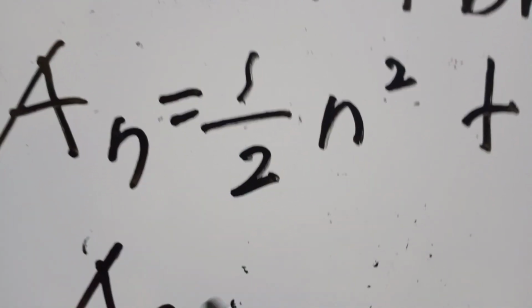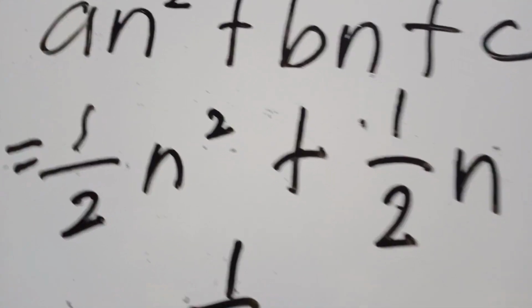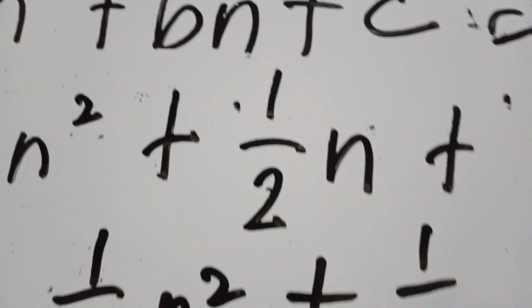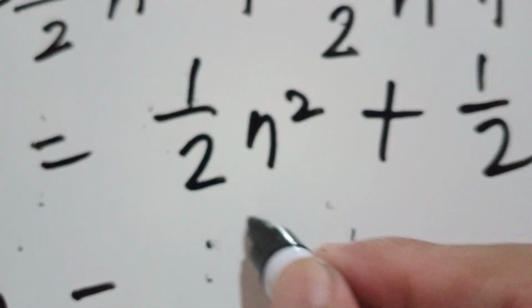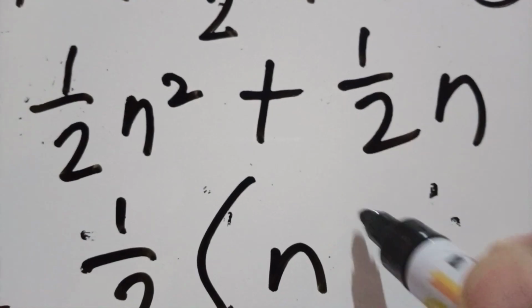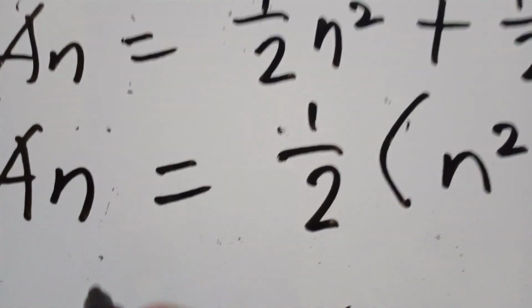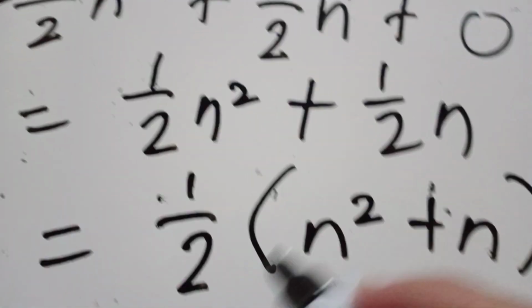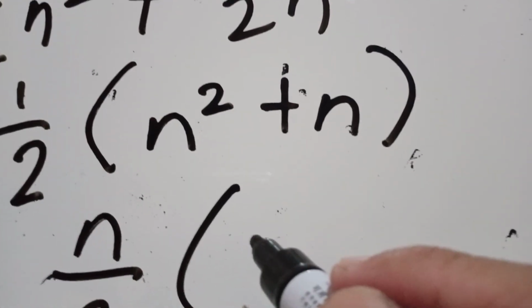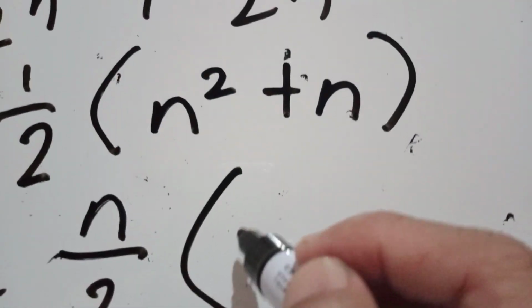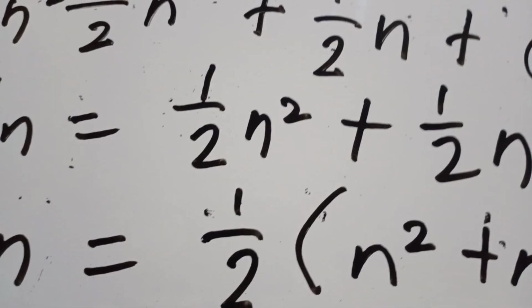So a sub n is equal to 1 half n squared plus 1 half n. We can also factor out 1 half: n squared plus n, and factor out n. So a sub n is equal to n over 2 times the quantity n plus 1. This is the general formula of the quadratic sequence.